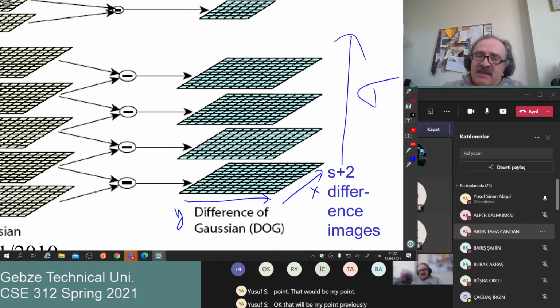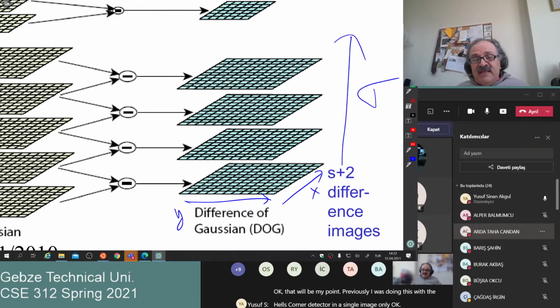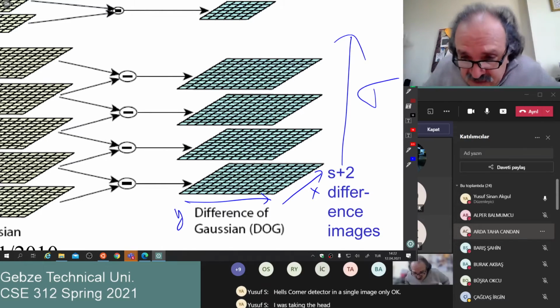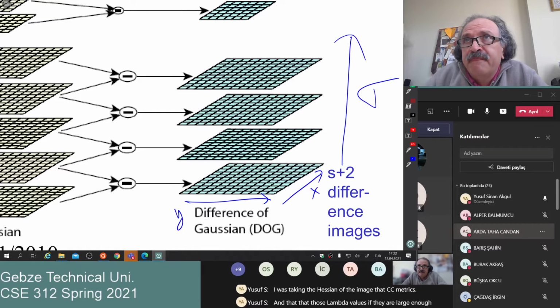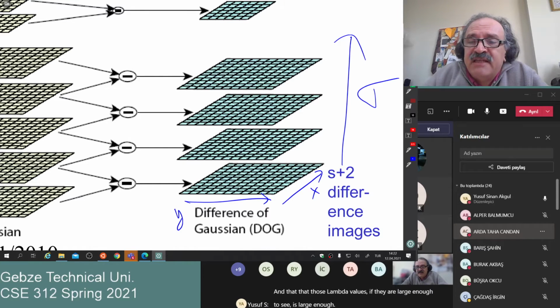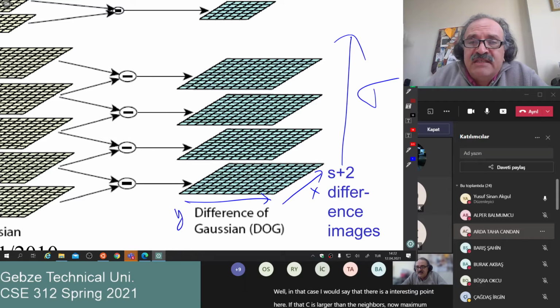Previously I was doing this with the Harris corner detector in a single image only. I was taking the Hessian of the image, that's the C matrix, and if those lambda values are large enough, the C is large enough, in that case I will say that there is an interesting point here. If that C is larger than the neighbors, by maximal separation, then I will say that that's a corner point.